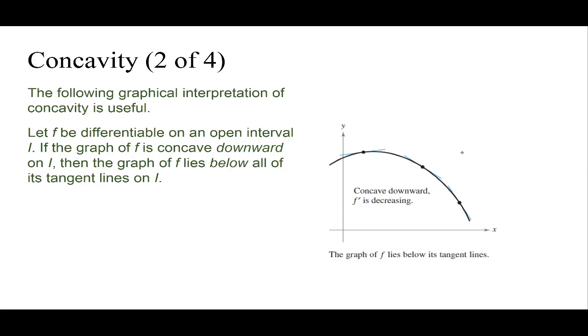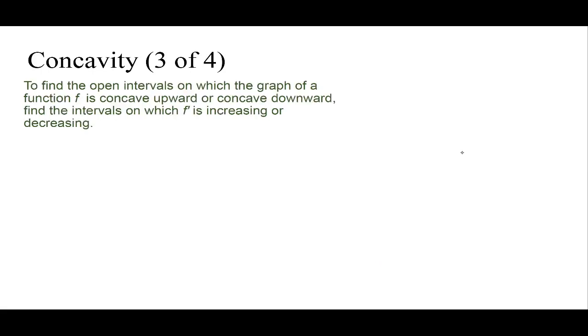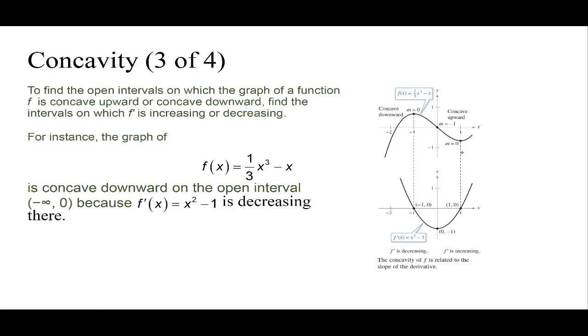That's called concave downward. To find the open intervals on which the graph of a function is concave upward or downward, we need to find the intervals where the derivative is increasing or decreasing. How do you do that? Let's take one example, the function f of x equals one third x cubed minus x. This is the graph of the function, the upper part here, and this is the graph of the derivative.